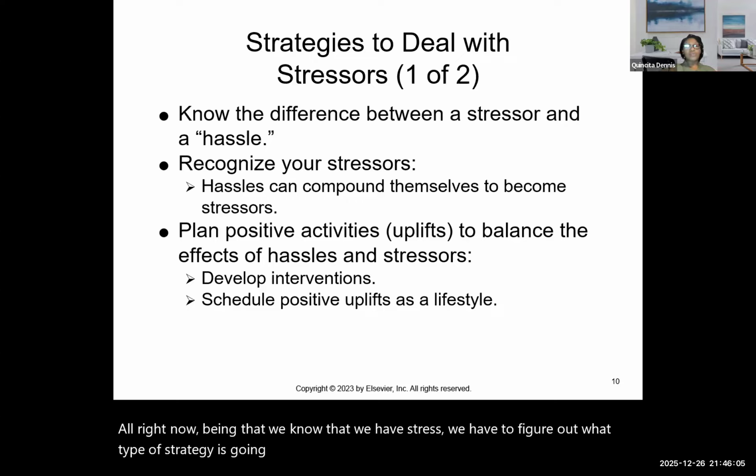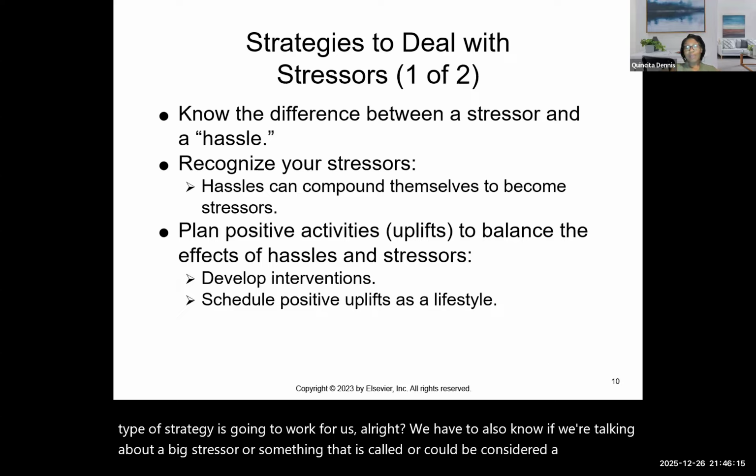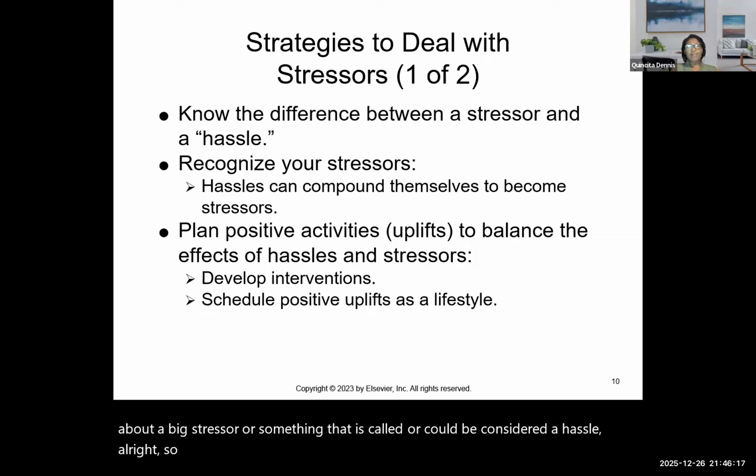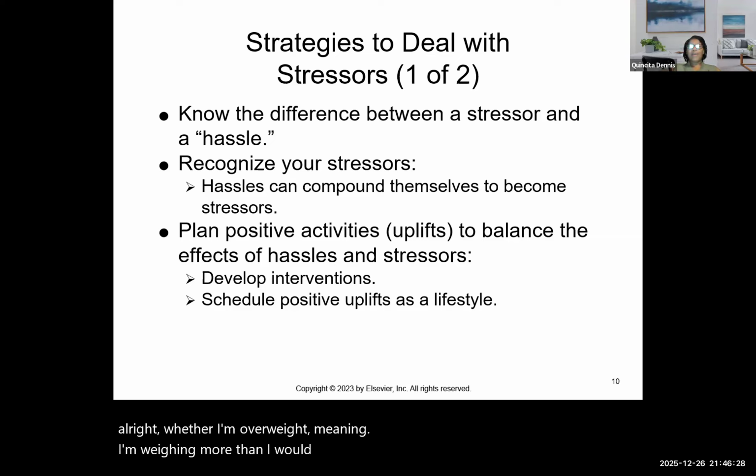All right, we have to also know if we're talking about a big stressor or something that could be considered a hassle. All right, so a hassle, in my opinion, is maybe a fluctuation of weight. Whether I'm overweight, meaning I'm weighing more than I would like to, or whether I'm underweight, meaning I'm losing weight too fast.